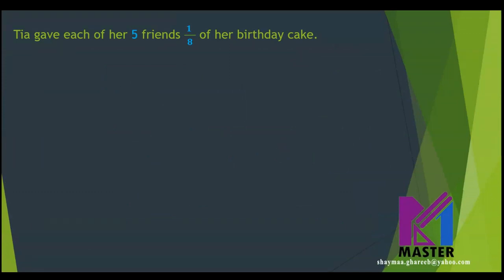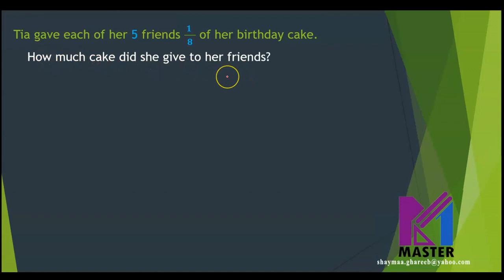Now let's see this question. Tia gave each of her 5 friends 1/8 of her birthday cake. How much cake did she give to her friends, and how much of the cake is left? Let's look at the first question. How much cake did she give to her friends? So she gave each one 1/8.